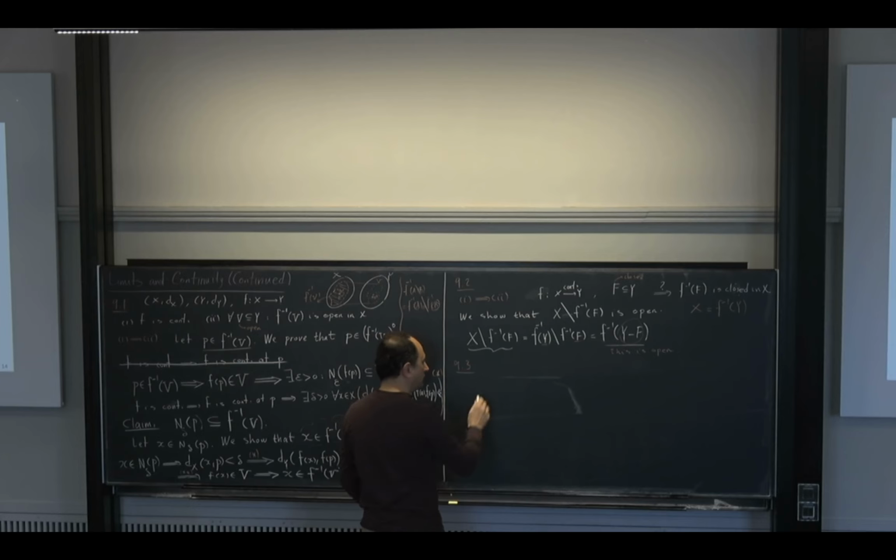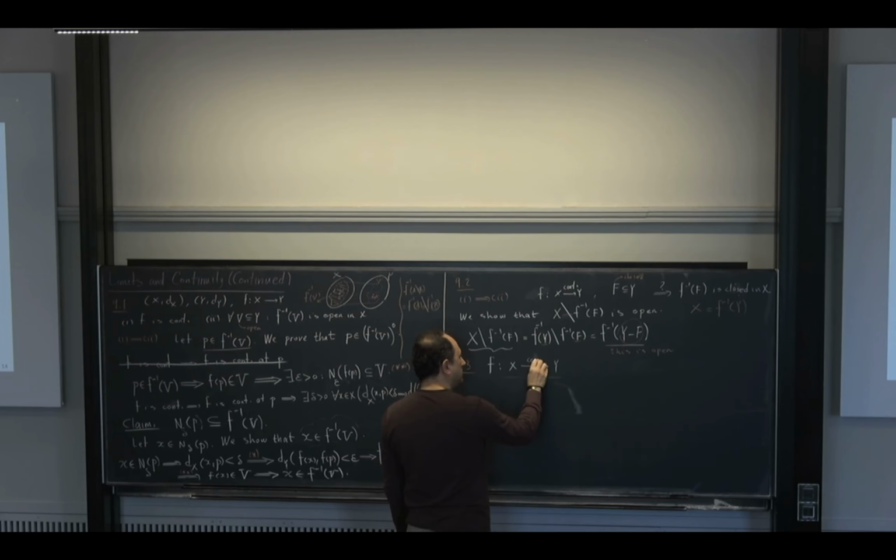So what do I have? I have a function from x to y. X and y are metric spaces. I know it is continuous. This I know. And I know that the domain is compact.